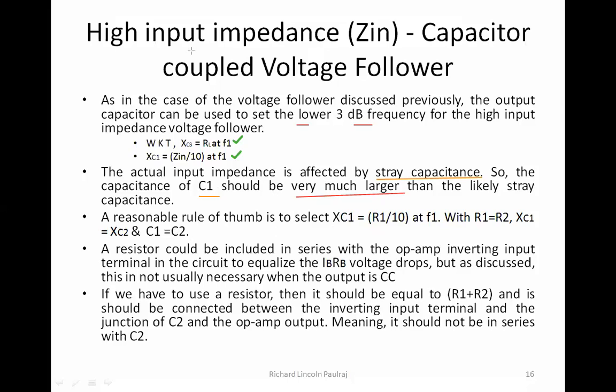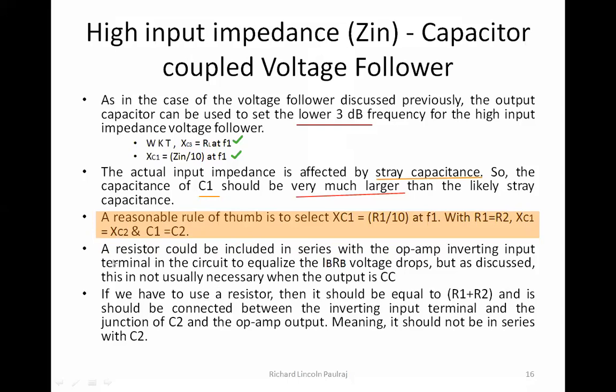We say it is a rule of thumb because a lot of permutations and combinations have already happened, and this is the best that we can do. We can have C1 equal to C2, R1 equal to R2, and we make sure that the reactance at the initial frequency is about 10 times lower than R1's value.